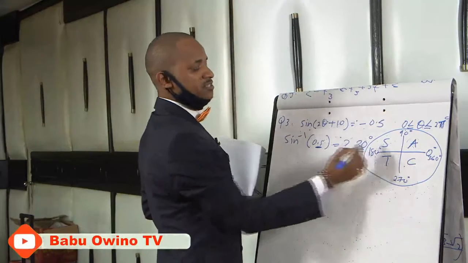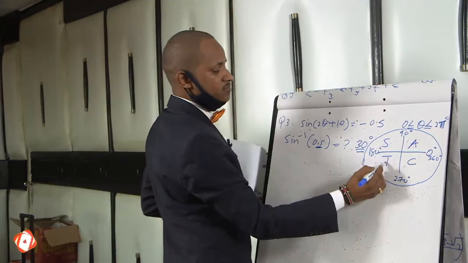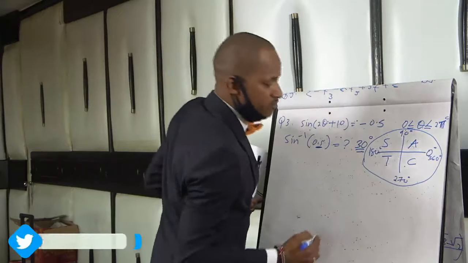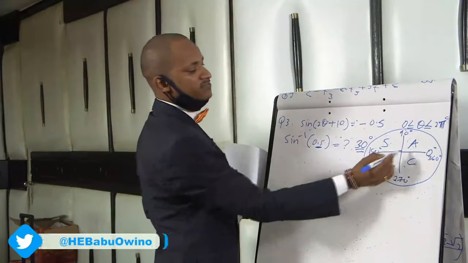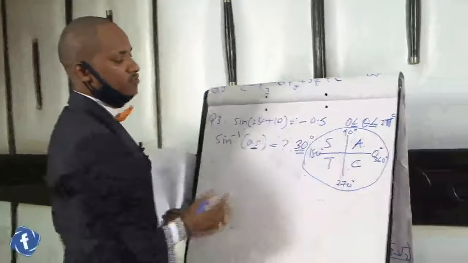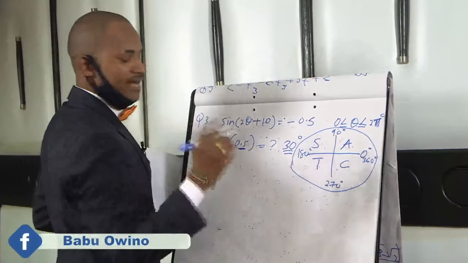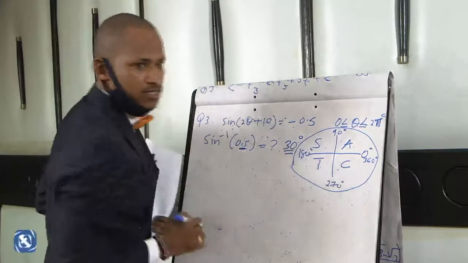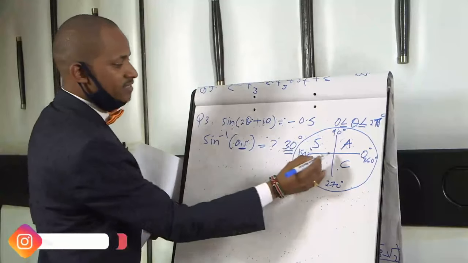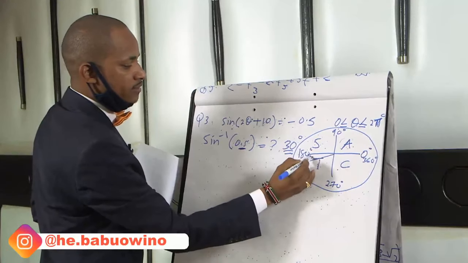Sine is positive in the second quadrant, tangent is positive in the third, cosine is positive in the fourth. But sine is positive only in the first and the second quadrant, although it is negative in the third and the fourth quadrant. So our angle 30 degrees lies somewhere here.